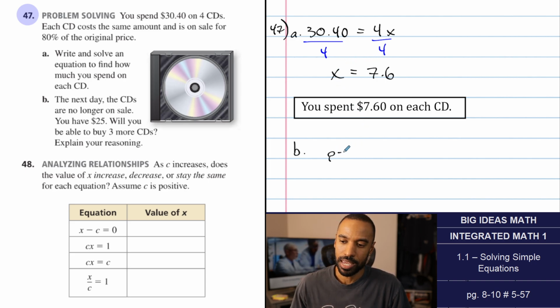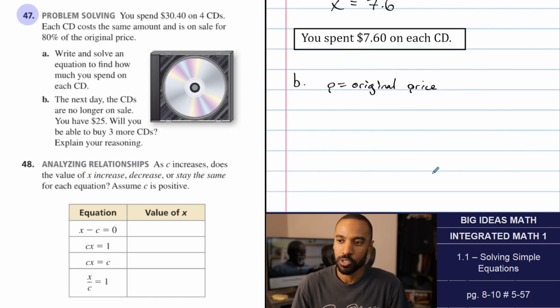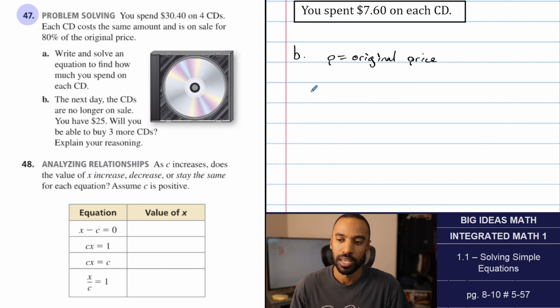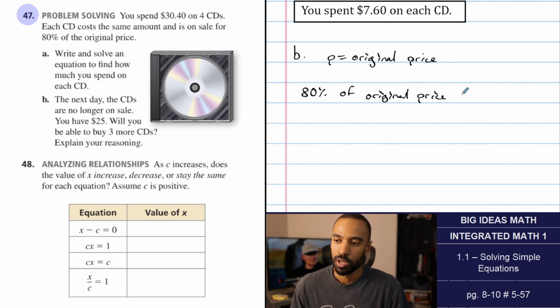Let's say that P is the original price. If you take 80% of, not off, but if you take 80% of the original price, then you are multiplying, and this must be something you've learned before, or that it's expecting you to know. You take your price and multiply by 0.8.